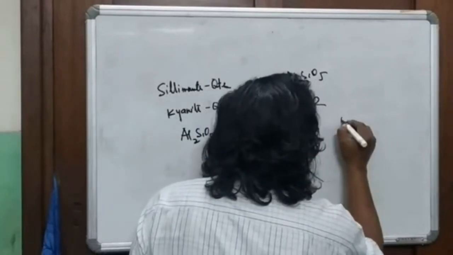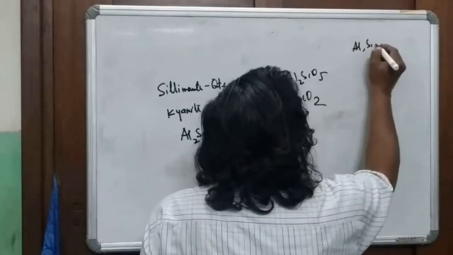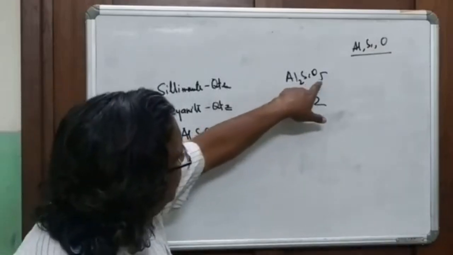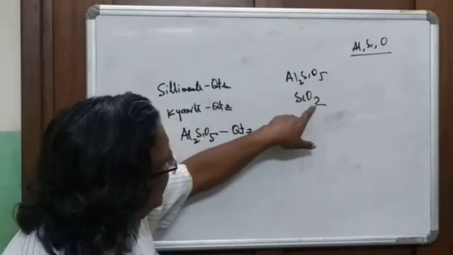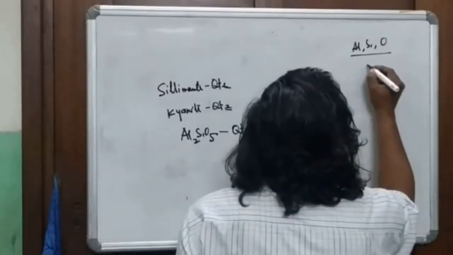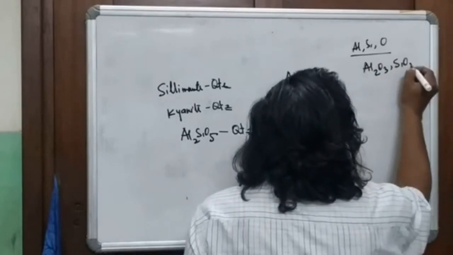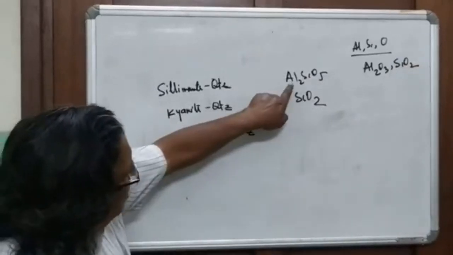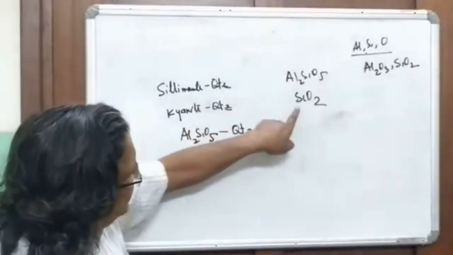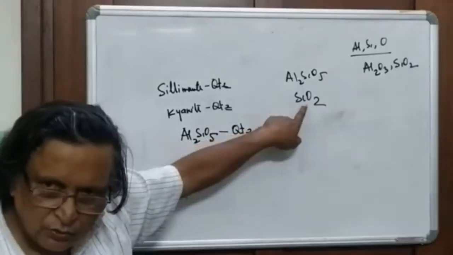We can do it by writing in terms of Al, Si and O. I can write like before, 2 Al, 1 Si, 5 O, and for this one, 1 Si and 2 O. Or I can write in terms of Al2O3 and SiO2. So this will be 1 Al2O3 plus 1 SiO2, and this will be 0 Al2O3 plus 1 SiO2.